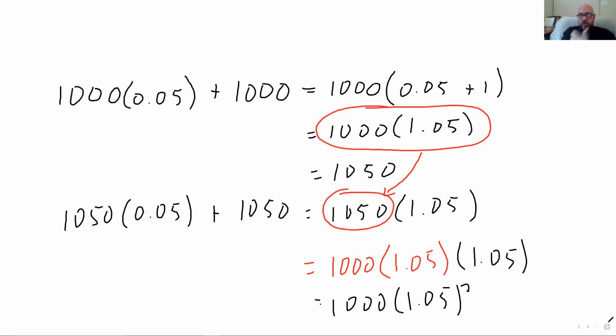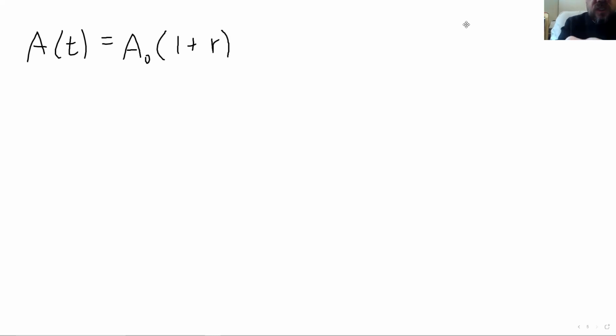So if I want to give a formula for the amount of money in my bank account, so let's say A of t, the amount of money at time t is equal to the starting amount of money, which is called principal, but I'm going to call it A0 because this actually works for anything, times 1 plus the growth rate, that's R in decimal, to the t power.